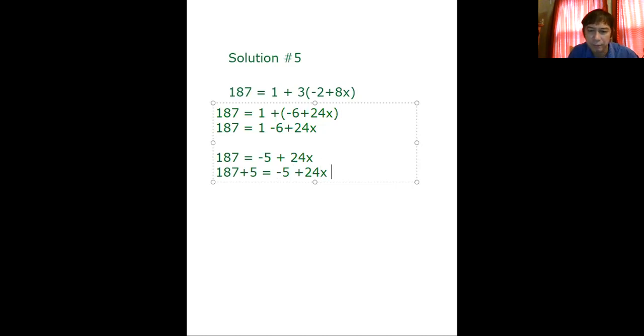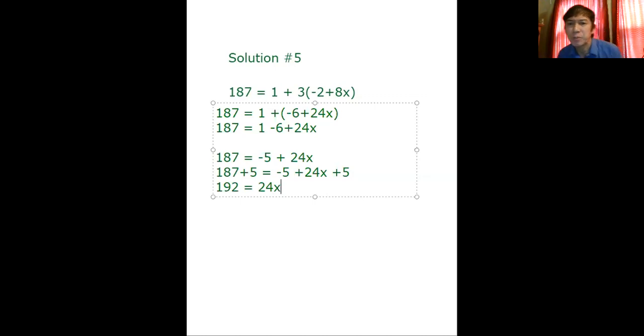We add 5 there. So how much is this now? 5 plus 7, 12, carry 1, that's 192. 192 is equal to simply, now we don't have the 5s anymore. You can see here -5 and a +5, that will 0 out. And so the right side will simply become 24x there.